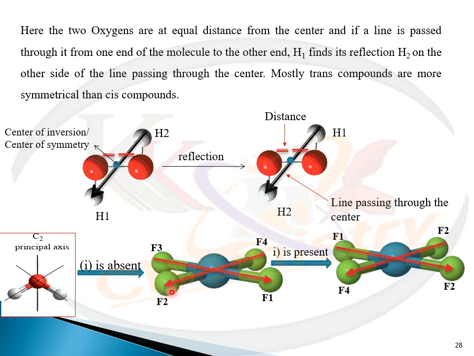These hydrogen replace, you can say, each other. Yet you can say these two fluorine atoms exchange their positions with each other. So inversion is present in such type of molecule.